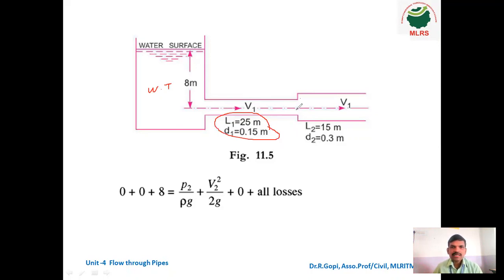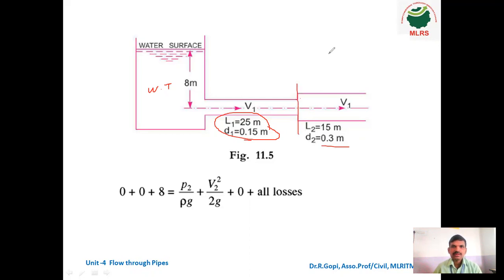So after 25 meter, the second pipe is attached. Compared to the first pipe, the diameter is double. So initially the diameter is 0.15, finally after 25 meter, it is 0.3 meter. So what is that? Sudden expansion, enlargement occurs at this point.